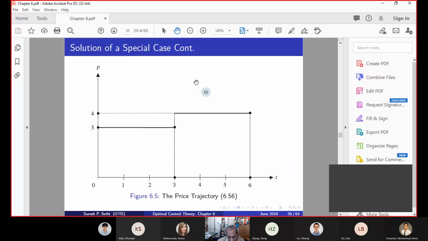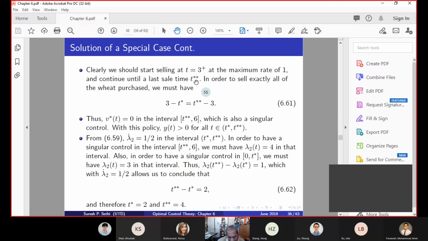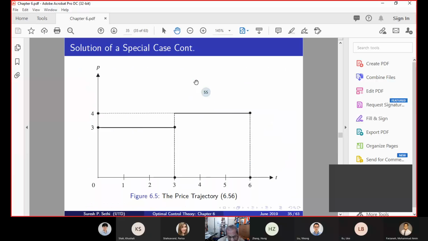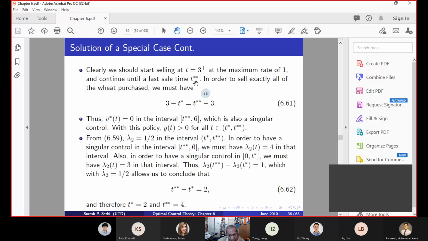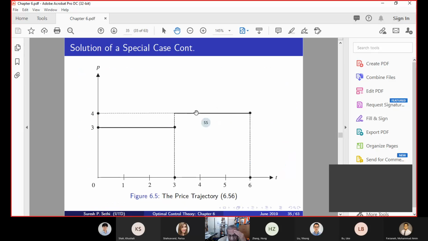So let's start buying at T star and sell until T double star. If we do that, then in order to sell exactly all of the wheat purchased, we must have 3 minus T star equal to T double star minus 3. Because there is no point keeping the wheat. Once we have it, we should sell it.